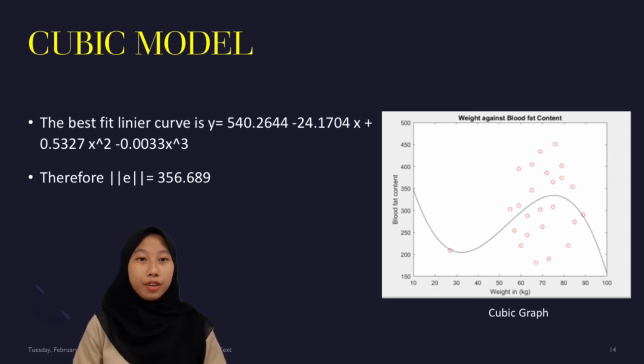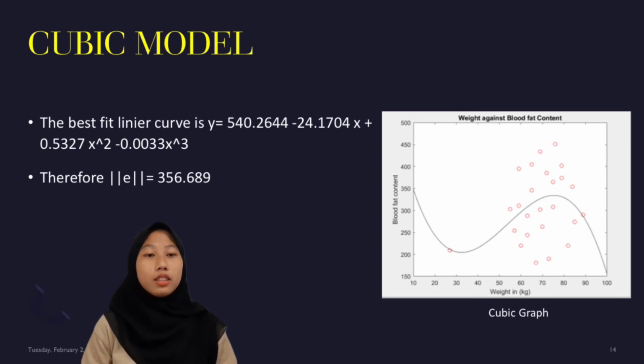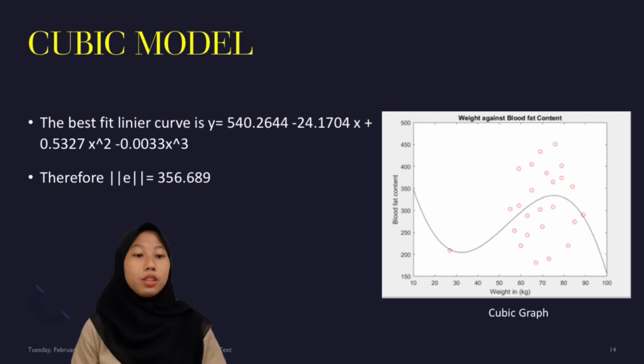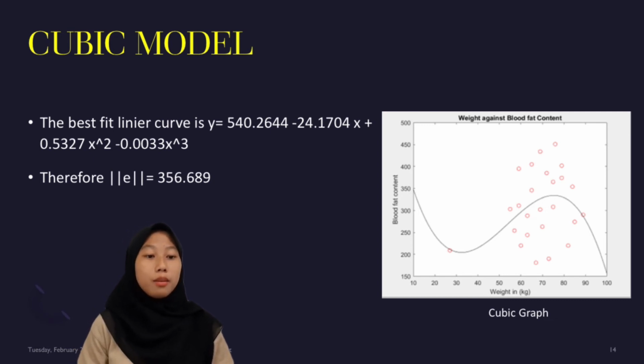Therefore, the magnitude of the error vector that we are looking for is 356.689. As usual, we can see from the graph that we have plotted, this is showing the cubic graph from this equation and the data that we also put in the graph.